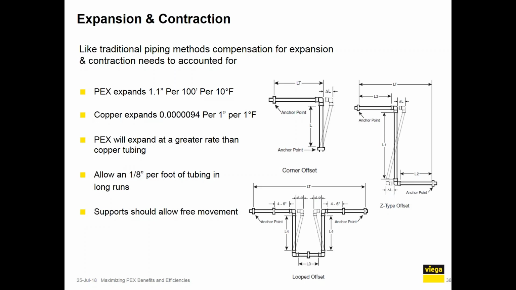And so here you see some expansion offsets that can be installed. Those should allow for free movement, just as you see those temperature fluctuations, so that the tubing can move freely and not be compromised. This is again the reason why you don't want a metal on plastic hanging situation, because that rubbing could cause damage over time.